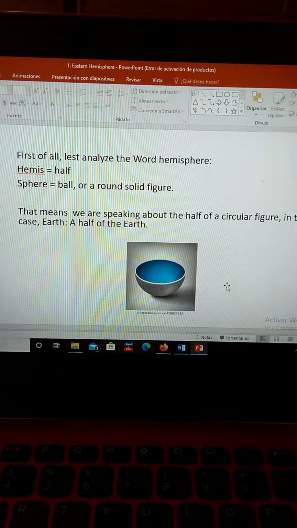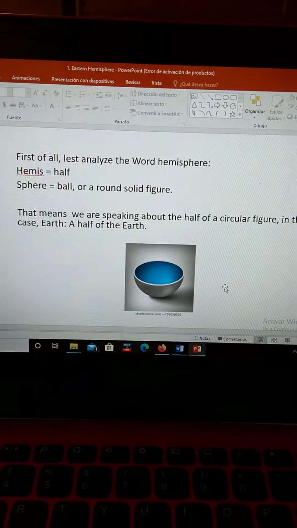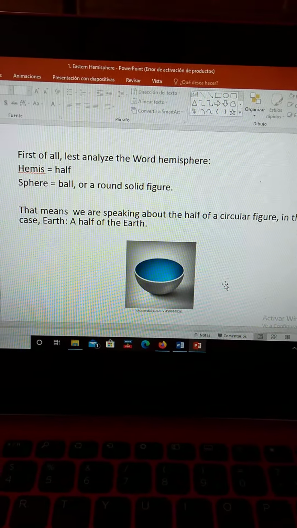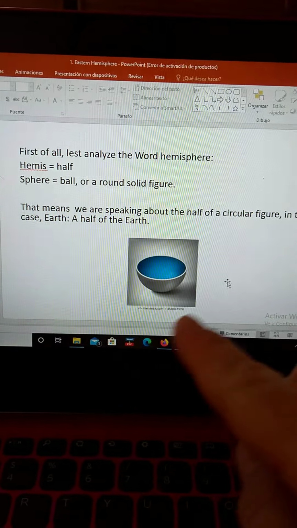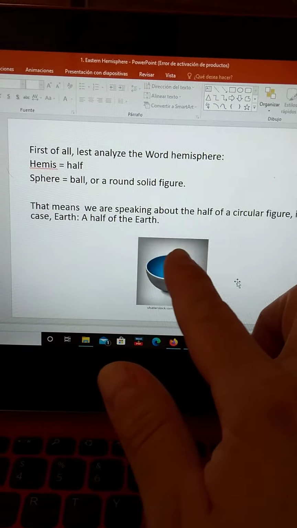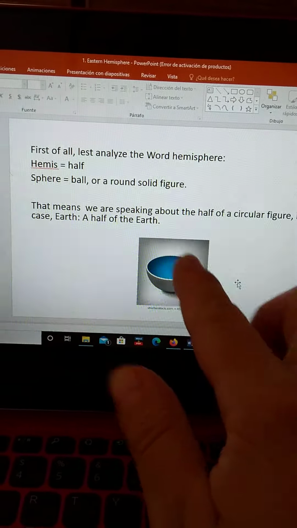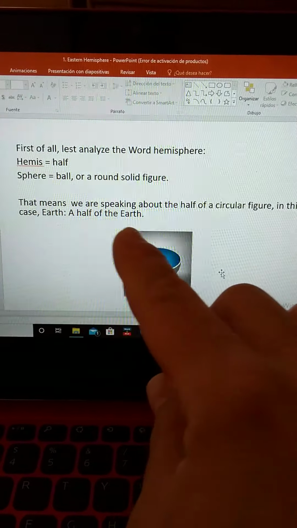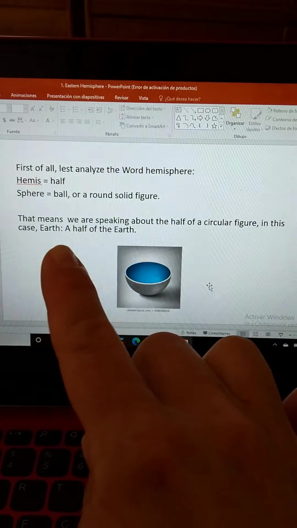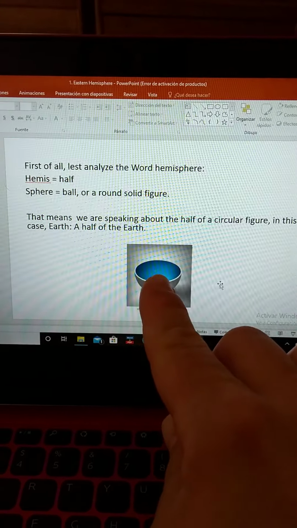It's not the same to say square than to say cube. It's not the same to say circle than to say sphere. A sphere has to be the whole solid figure. That's why I gave you here half a sphere. That means we are speaking about half of a circular figure, in this case, Earth. The half of the Earth.